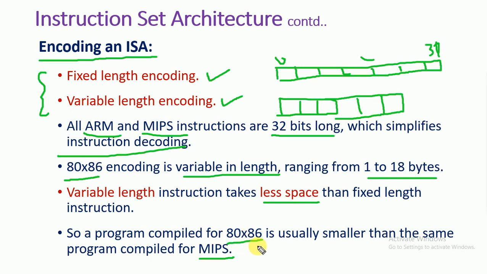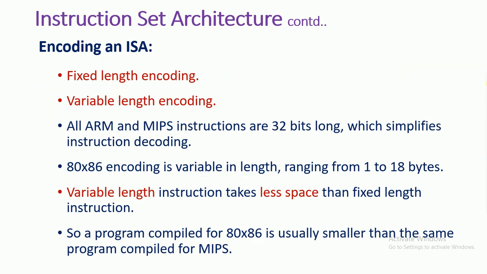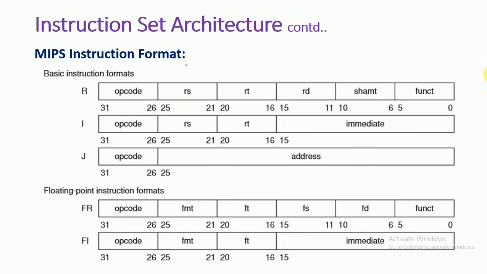Now we will see one sample encoding, one example processor, that is taken from MIPS, which is 32 bits long and uses a fixed length encoding mechanism. So we will look at the MIPS instruction format. There are 3 instruction formats used with basic MIPS.